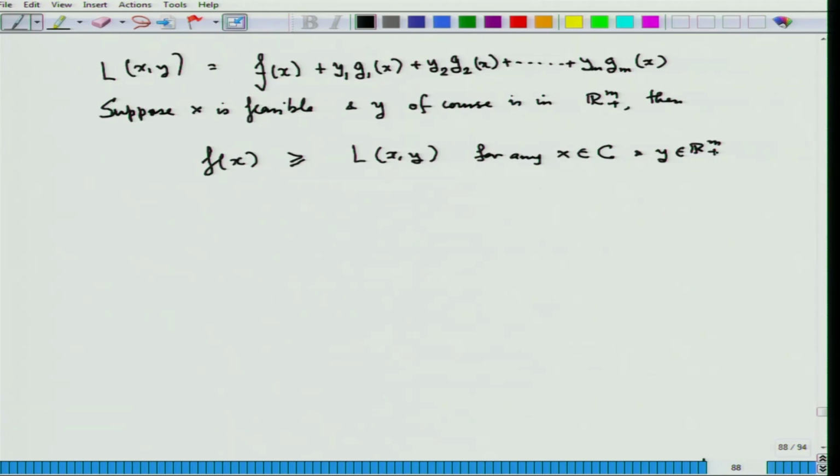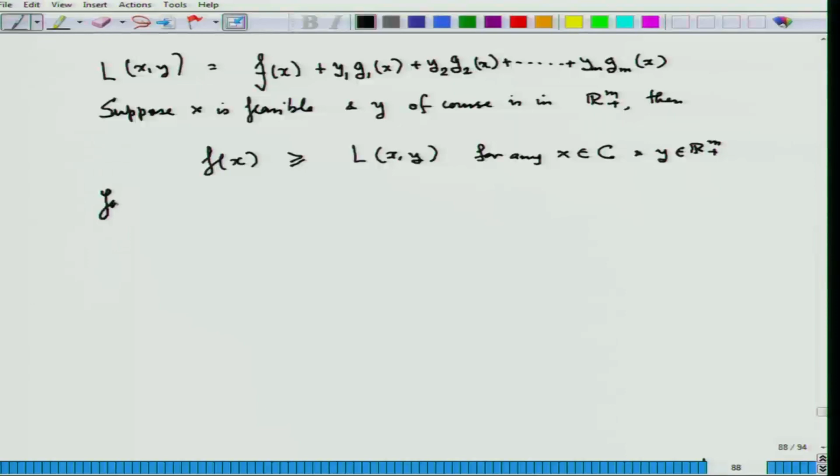Now, let me fix the y in R m plus. Let me fix the x that I have taken in C, and keep on varying the y. Whatever y I take, this is the story for this particular x. So, for a fixed x, f of x... then you think, oh, what can I do if I fix x?